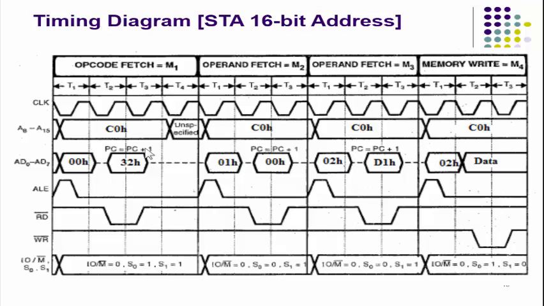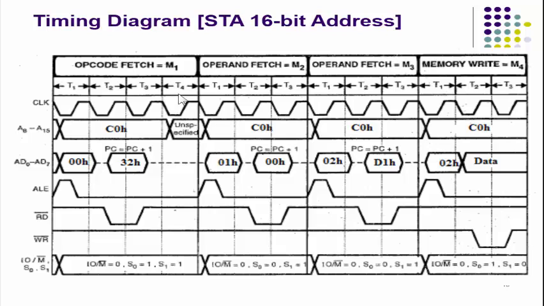Then PC higher, that is C0 placed on A8 to A15, and PC lower means 00 placed on AD0 to AD7. The short duration ALE pulse goes high in the T1 T state to demultiplex AD0 to AD7, that is address and data lines demultiplexing purpose.